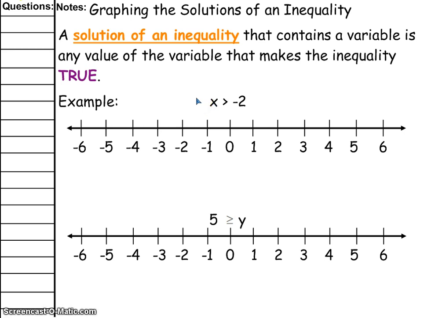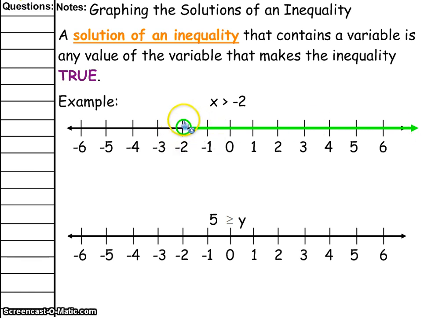How we would graph the solutions or the possible answers on a number line: since we're not including negative 2, because negative 2 is not greater than negative 2. Negative 2 is equal. Since it doesn't have the little line underneath, we're not going to include negative 2 as an answer, because it would not make this statement true. So to show that on a number line, we would put an open circle, and then we would shade in everything that is greater than negative 2.